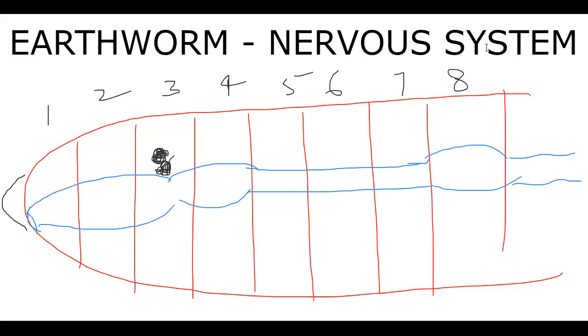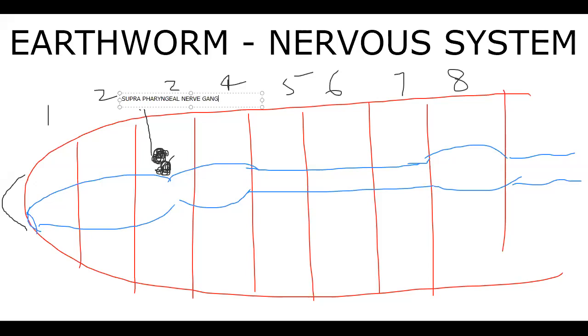The nerve ganglia in the third segment, above the pharynx, whatever nerve ganglia is present, is called suprapharyngeal nerve ganglia. So let me label this suprapharyngeal nerve ganglia.